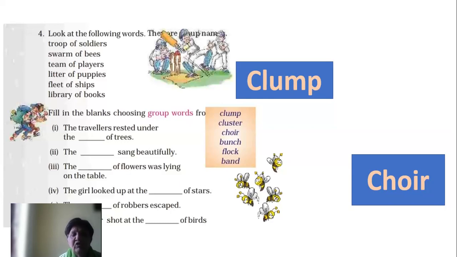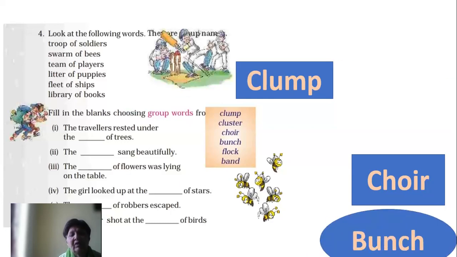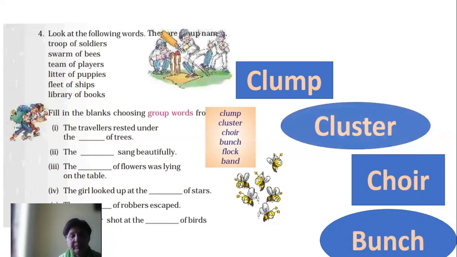Then the dash of flowers was lying on the table. The bunch of flowers was lying on the table. The girl looked up at the dash of stars. When there are many stars, it is known as cluster of stars. Group of stars is known as cluster of stars. The dash of robbers escaped.